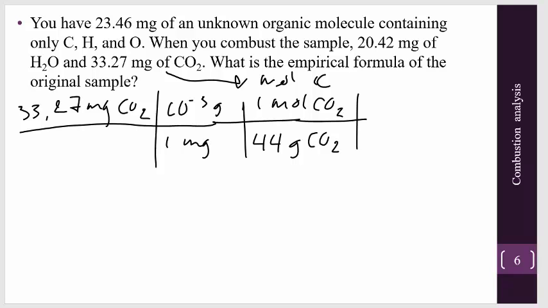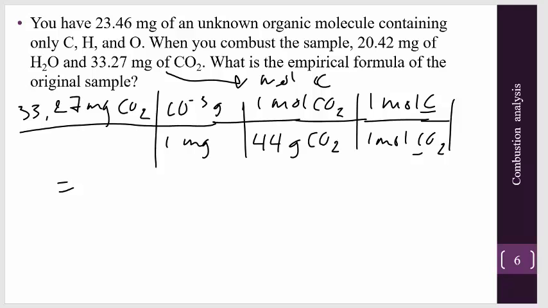And now that we have moles of CO2, we need to find moles of carbon, though. And this is exceedingly simple. For 1 mole of CO2, because of the formula, there's 1 mole of carbon. There's only 1 carbon in CO2.